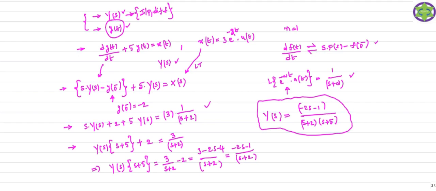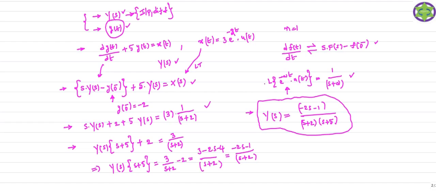For this differential equation, I use the Laplace transform on both sides and substitute the initial conditions. I find capital X of s because X of t is given, and rearranging the terms we get capital Y of s. So step 1 is over.